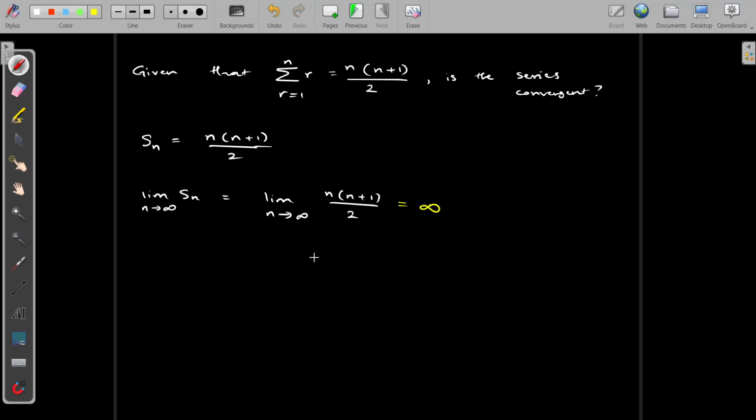So that means since this is infinity, the series diverges. So it's not convergent. Since the limit as n approaches infinity for the series gives us infinity, we can simply say the series diverges.